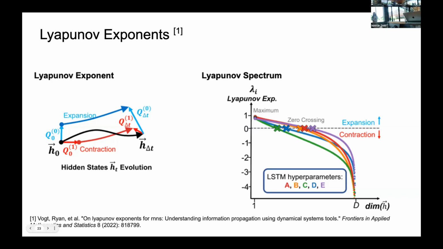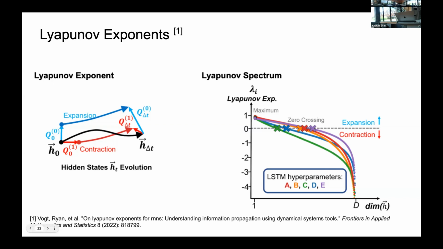On the right side, we use different hyperparameter configurations for the LSTM, and then we have different Lyapunov spectra. The Lyapunov spectrum is the collection of all the Lyapunov exponents of the model. If a Lyapunov exponent is bigger than 0, that direction is expanding, otherwise it's contracting. So we have different Lyapunov spectra for different networks.